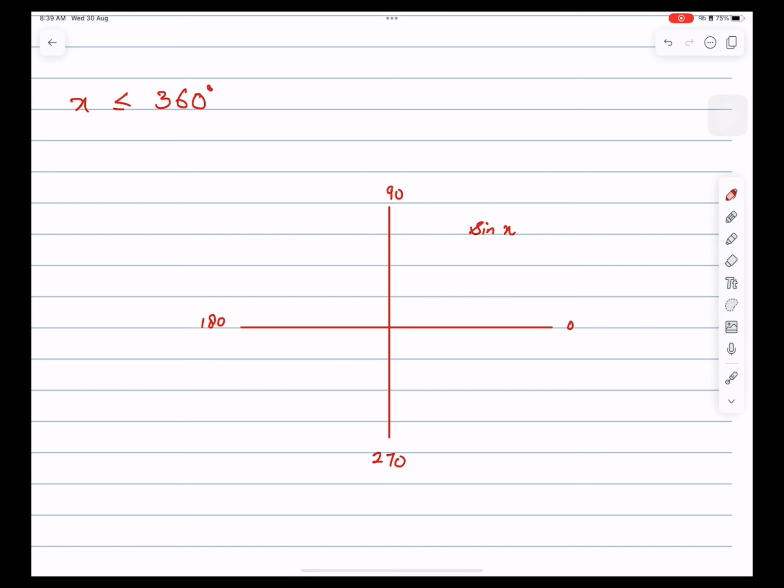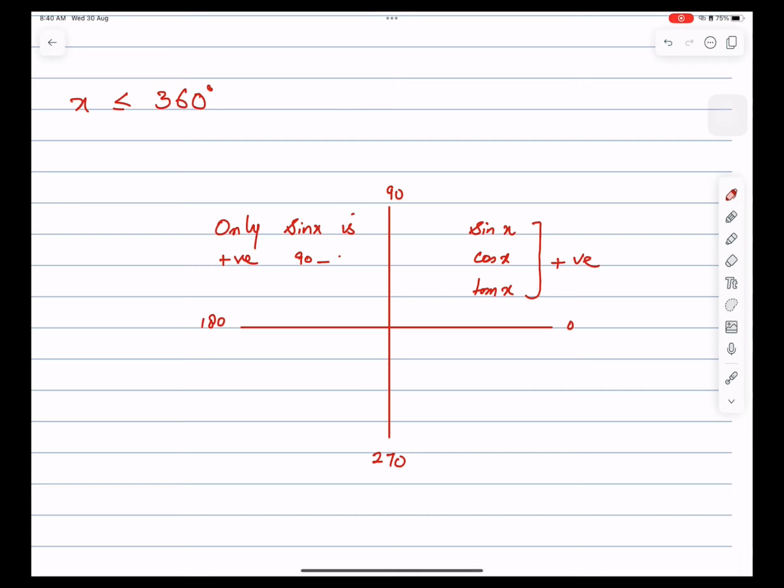So first of all, you need to understand that from 0 to 90 degrees, all trigonometric ratios are positive. Sine, cos and tan, all of these are positive. From 90 to 180, only sine is positive. That means if you put any value between 90 to 180, your sine value will be positive. For example, sine 91, 92 till sine 180, all these values will be positive.